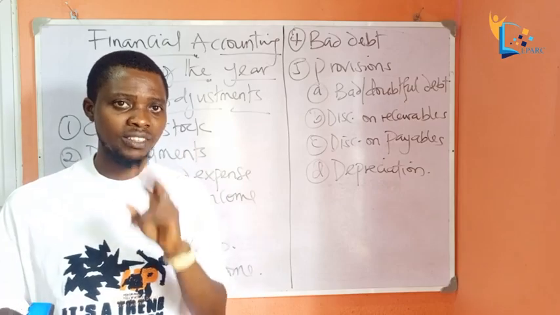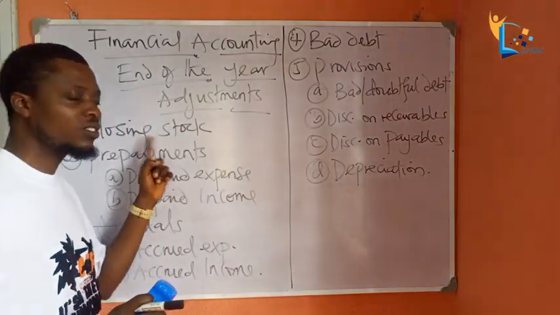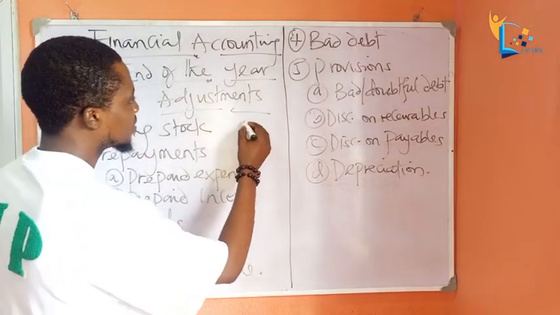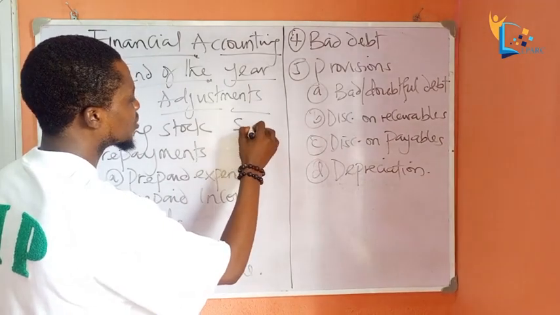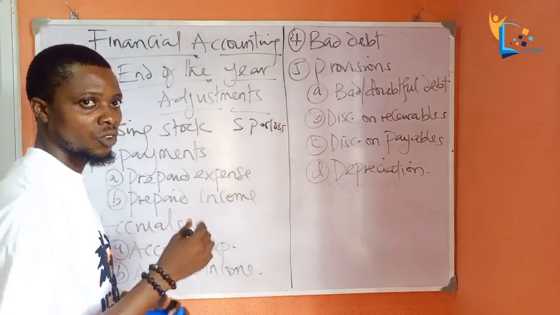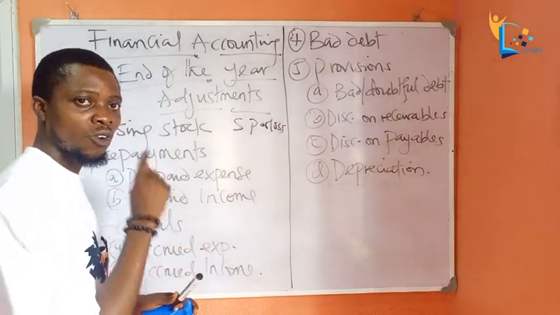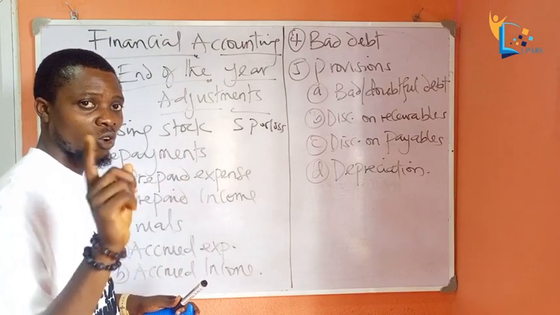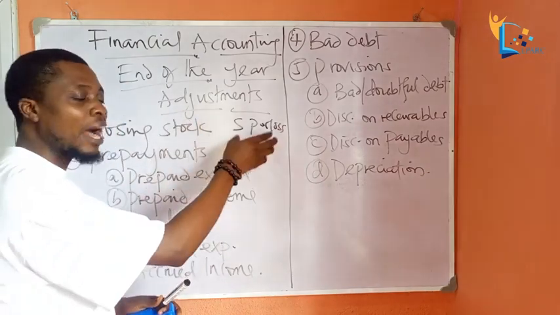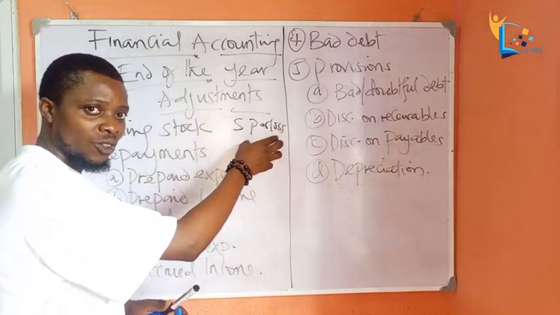This is what I mean. Closing stock appears in the statement of profit or loss. You deduct closing stock from cost of goods available for sale to get your cost of goods sold.